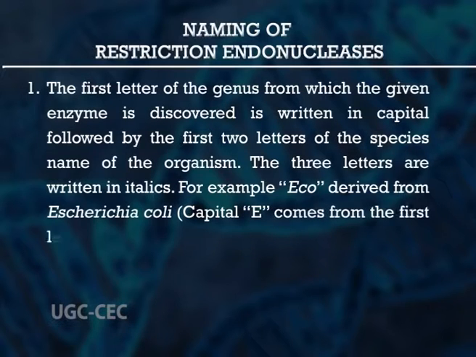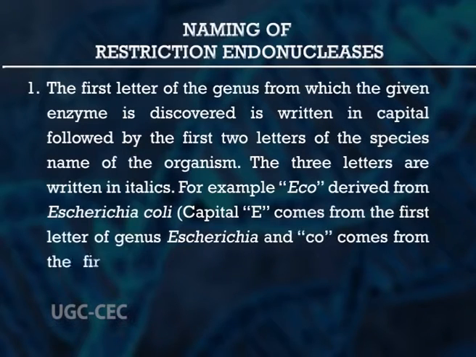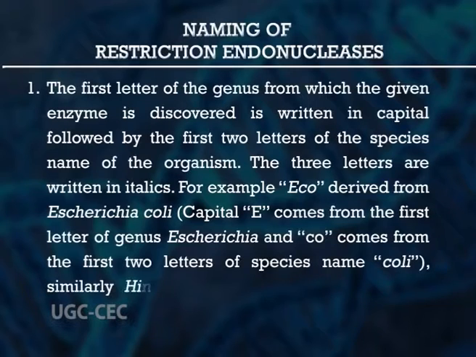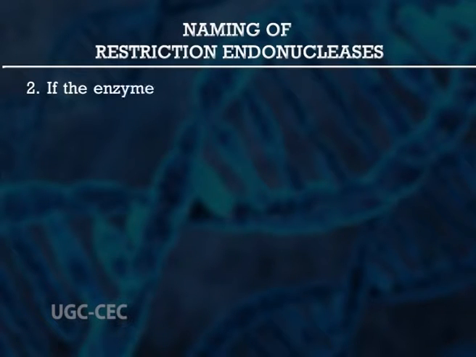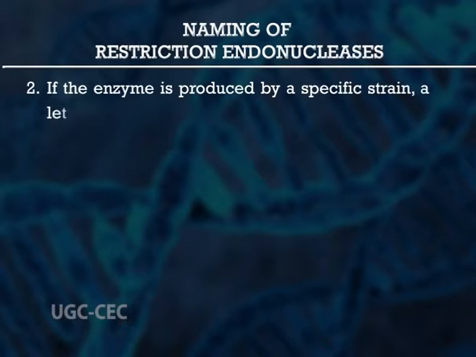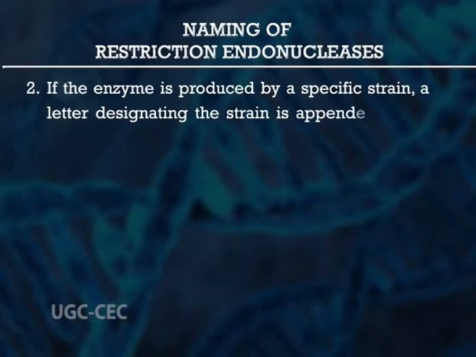Capital E comes from the first letter of genus Escherichia, and co comes from the first two letters of the species name coli. Similarly, Hin from Haemophilus influenzae and Hpa from Haemophilus parainfluenzae. Second, if the enzyme is produced by a specific strain, a letter designating the strain is appended to the name.